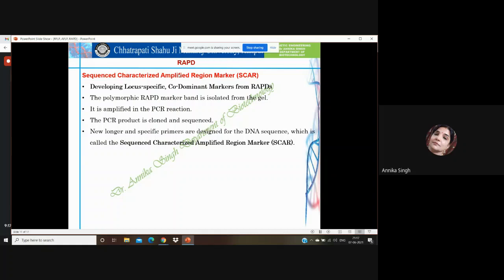So new, longer and specific primers are designed for the DNA sequence, which is known as sequence characterized amplified region markers, that is SCAR.